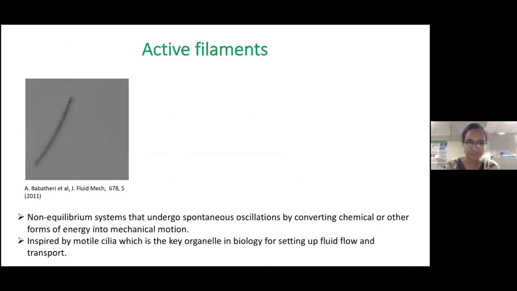Active filaments are non-equilibrium chain-like systems that undergo spontaneous oscillations by converting chemical or other forms of energy into mechanical motion. First I'll show you some examples of synthetic active filaments.